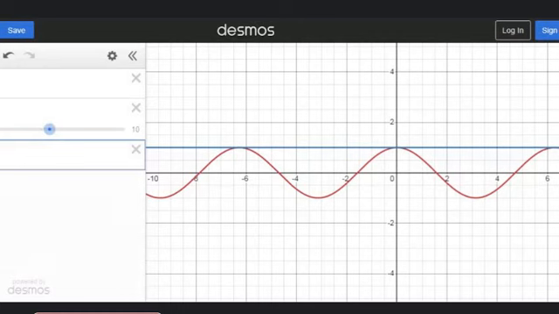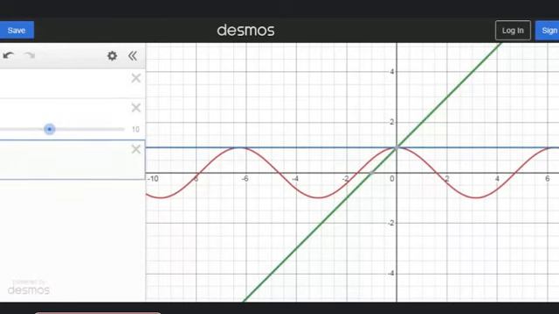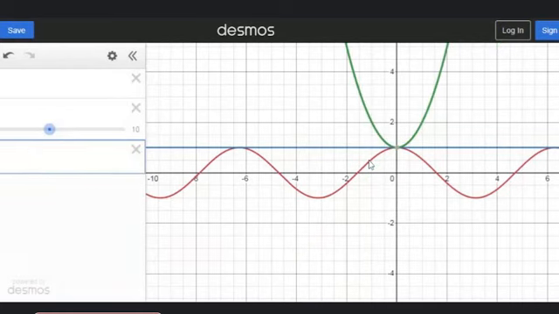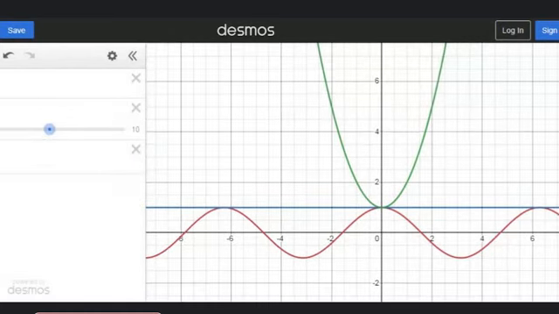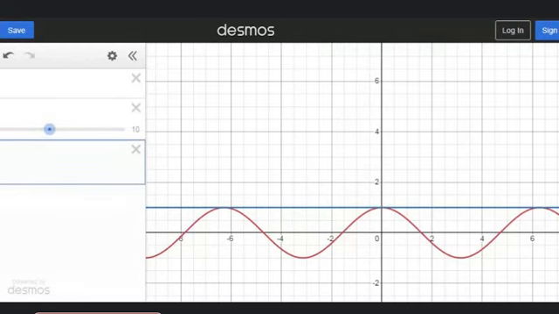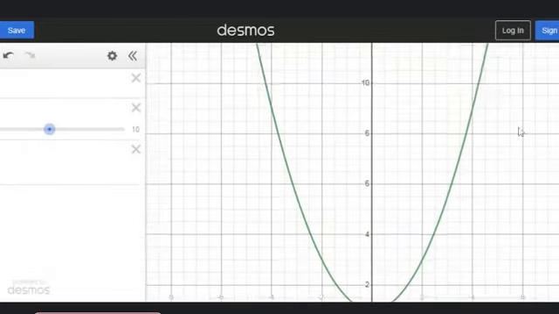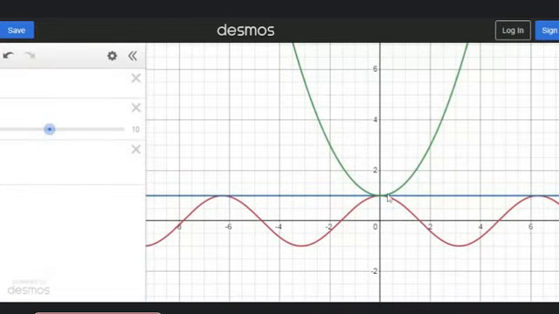Next, if I extend it, it's 1 minus x squared by 2. If you observe the line and the parabola, it agrees near 0 only.